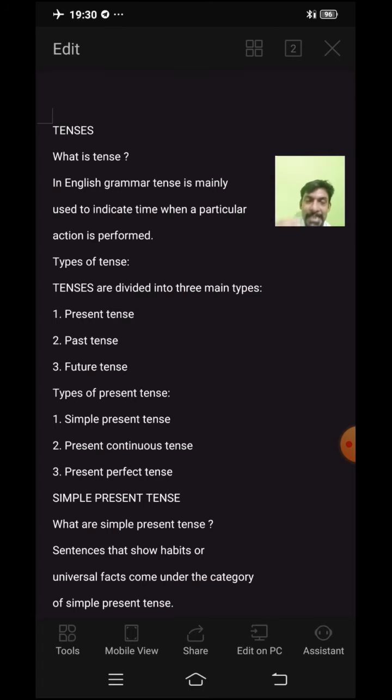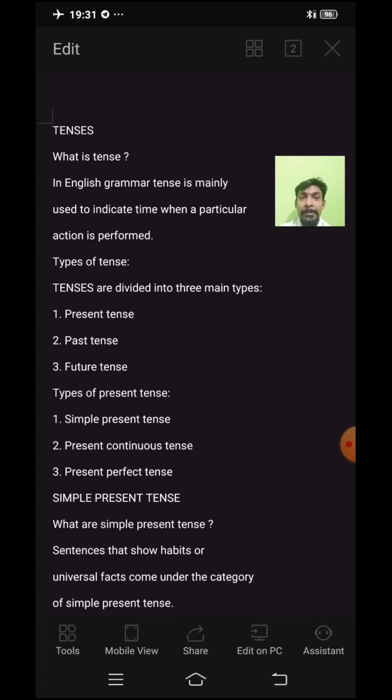Now this present tense, past tense and future tense is divided into further some categories. Today we are going to understand present tense. So this present tense is further divided into 3 main types.